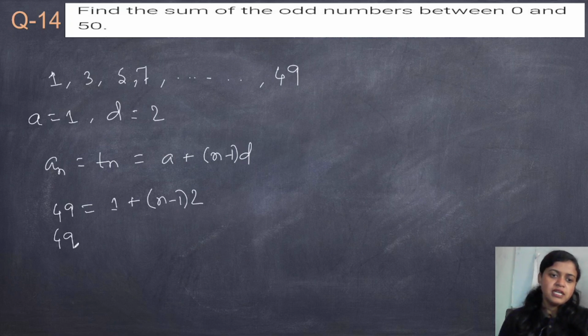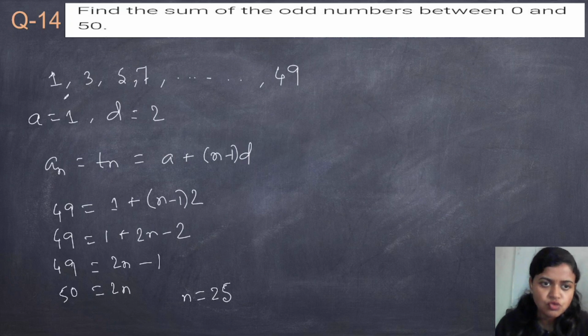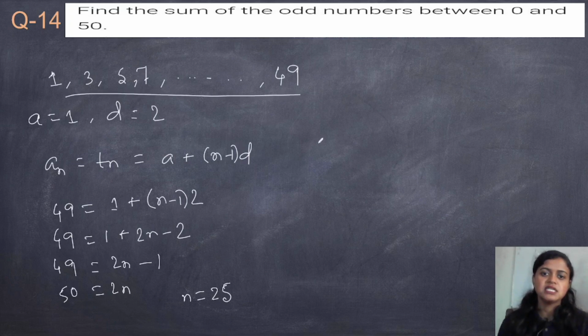So 49 equals 1 plus 2n minus 2, that is 49 equals 2n minus 1. So 50 equals 2n, which means the value of N is 25 terms in this AP series. So we have to find S25.